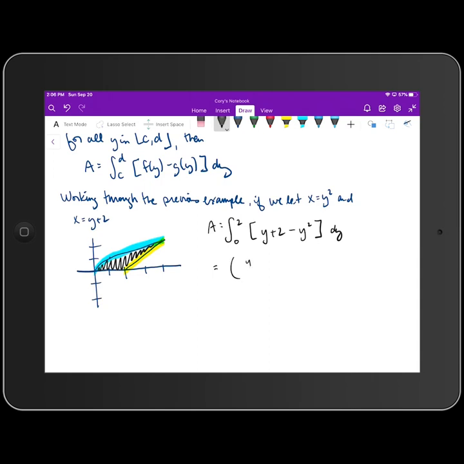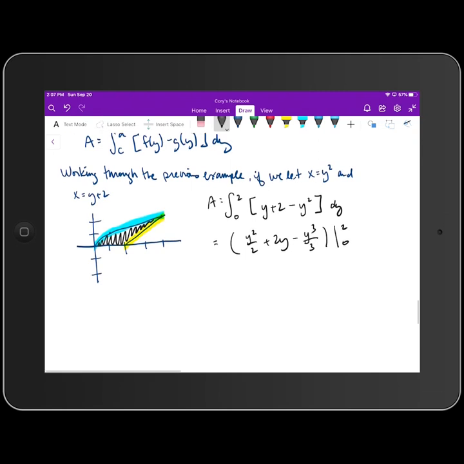So the antiderivative of y is y squared over 2, plus the antiderivative of 2 is 2y, minus the antiderivative of y squared, which is y cubed over 3. Then we evaluate that at our limits of integration 2 and 0. When we plug in 2, we get 2 squared, which is 4, divided by 2 is 2, plus 2 times 2, which is 4, minus 2 cubed over 3, which is 8 over 3.